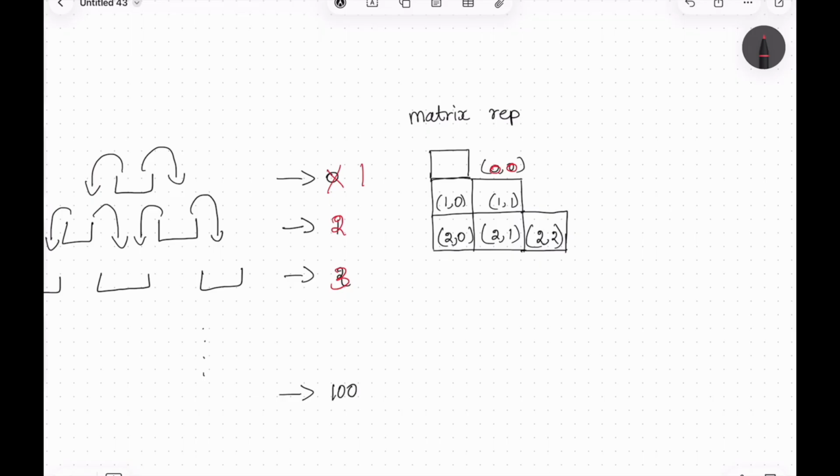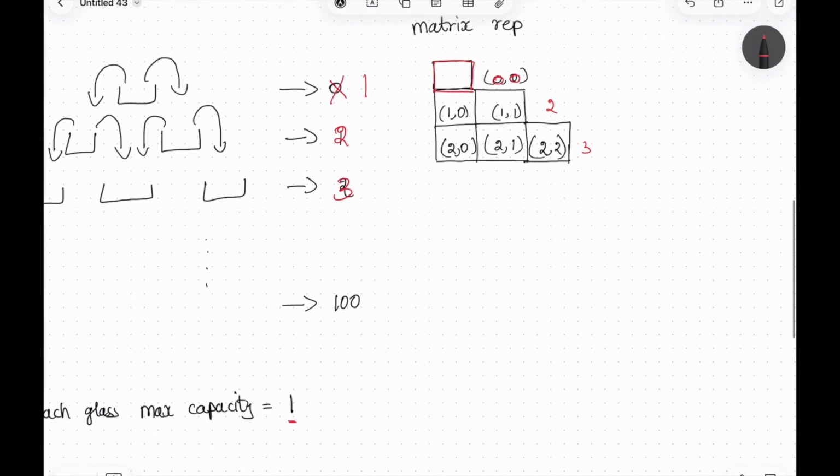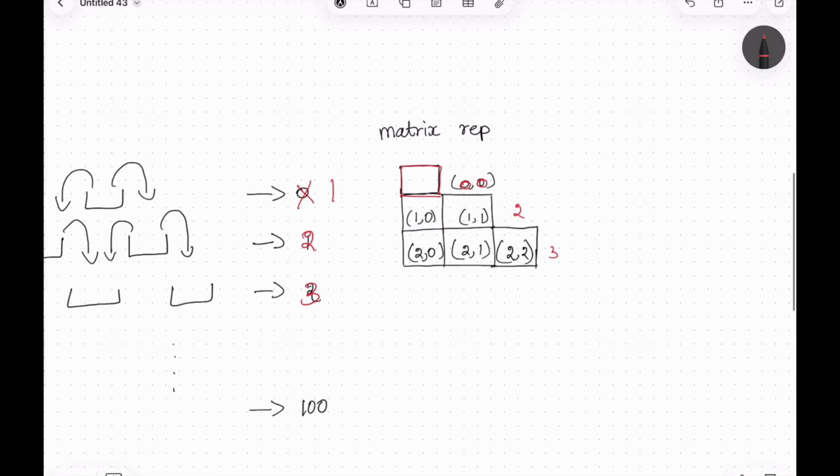The first row has only one glass, and the second row has 1 0 and 1 1, which is 2 glasses, and the third row has 3 glasses, 2 0, 2 1, 2 2, and so on and so forth. So first you have to build all of these, and you have a poured value equal to 4, for example.